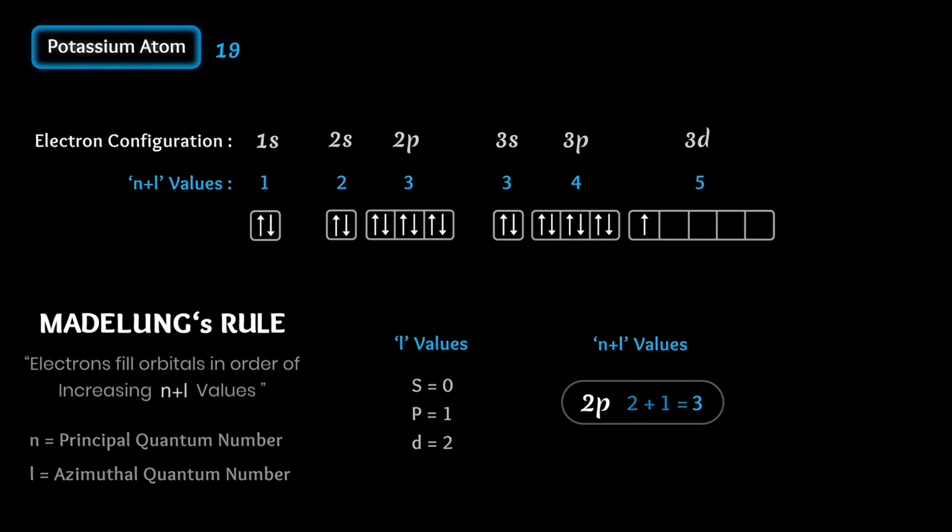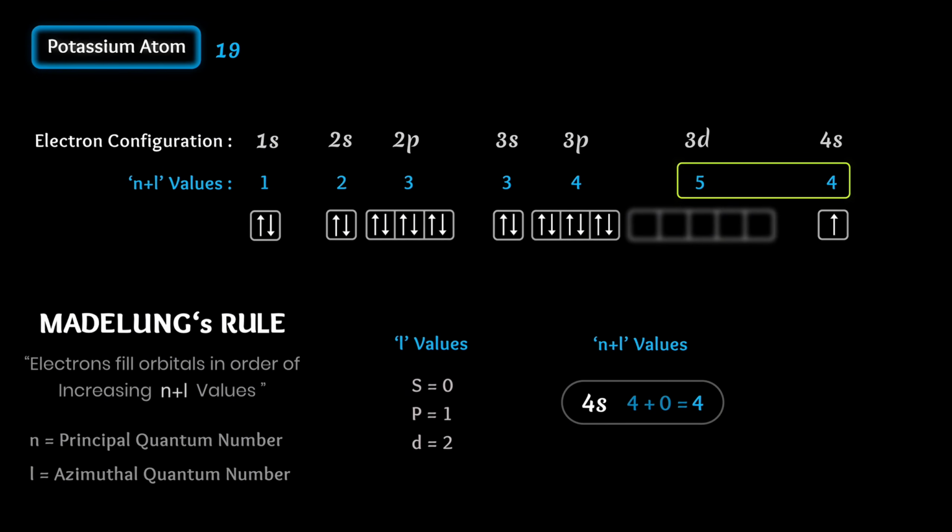Now calculate the n plus l value for the 4s orbital. n is equal to 4 and l is equal to 0, giving a value of 4. Compare this with the 3d orbital, which has an n plus l value of 5. According to Madelung's rule, orbitals with lower n plus l values fill first, so the 4s orbital is filled before the 3d orbital.